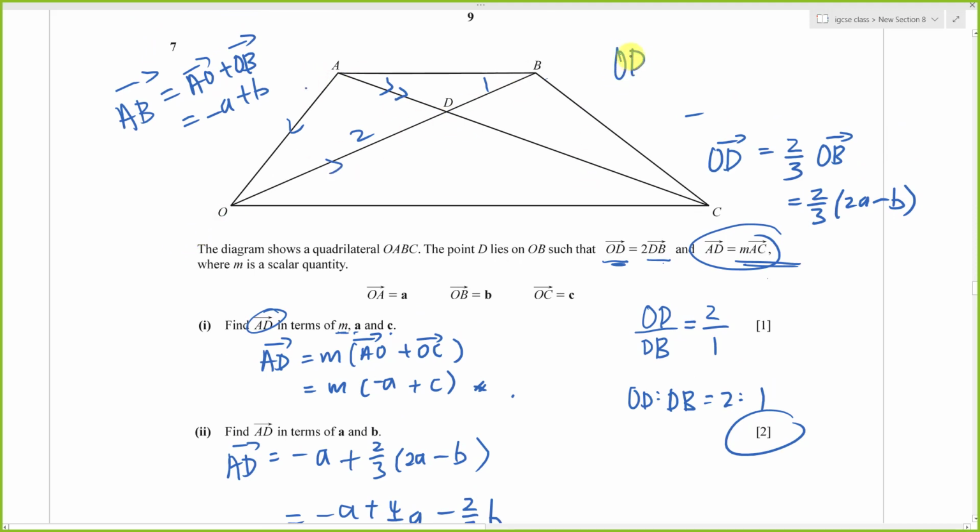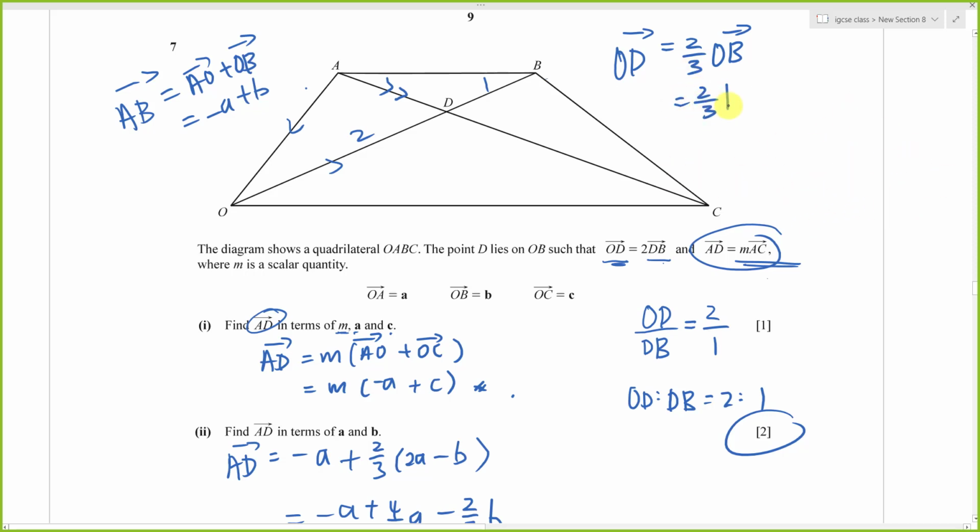So OD will become 2 over 3 of OB. Okay, so OD will be 2 over 3 of the OB. Because we already have OB. But just now, I'm not sure what I'm doing here. So yeah, this is just 2 over 3B.